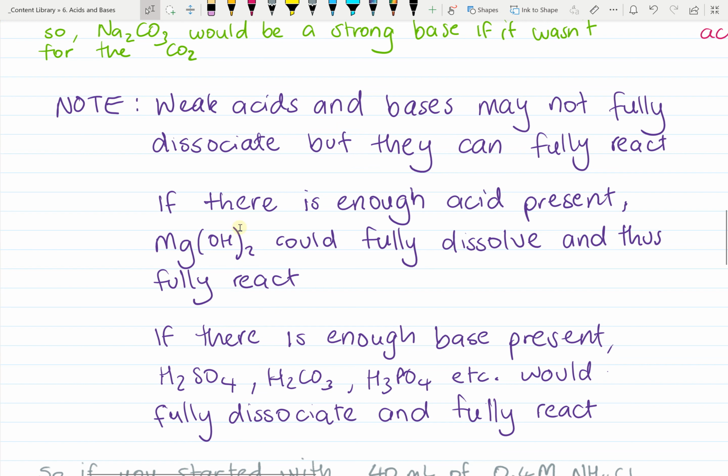For instance, in the example of magnesium hydroxide, if I've got already a lot of HCl, a lot of hydronium ion already present, the hydronium ion would react with the little amount of hydroxide that's dissolved, causing the magnesium hydroxide to dissolve a bit more, which would allow the acid to react with the hydroxide, and so on, until all the magnesium hydroxide is fully reacted, and all that's left in that solution is magnesium ion and water, essentially, because I've neutralized the OH and the acid, hypothetically.